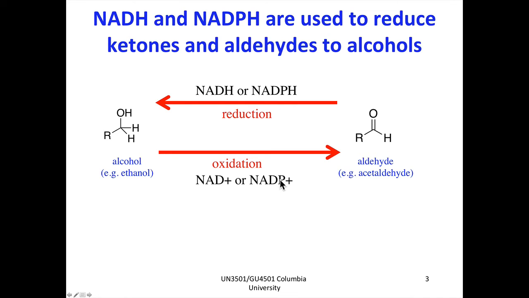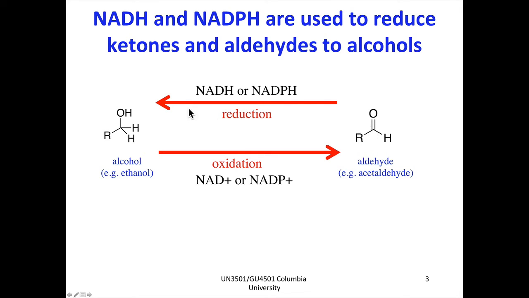NAD plus and NADP plus, the oxidized form of these cofactors, do this oxidation, the reverse reaction. They remove 2 electrons, transferring them onto NAD plus or NADP plus to make NADH or NADPH, and then the carbon gets oxidized to the aldehyde.